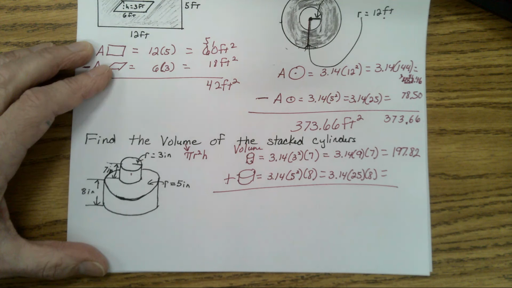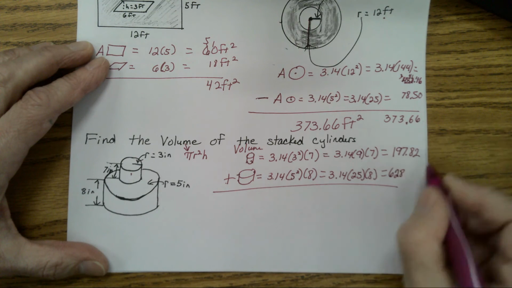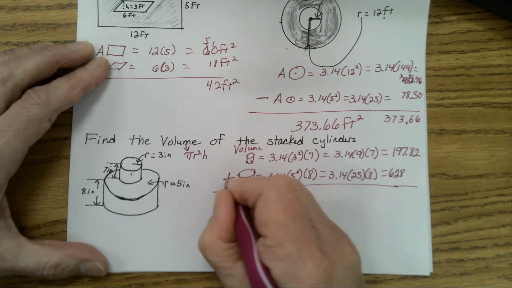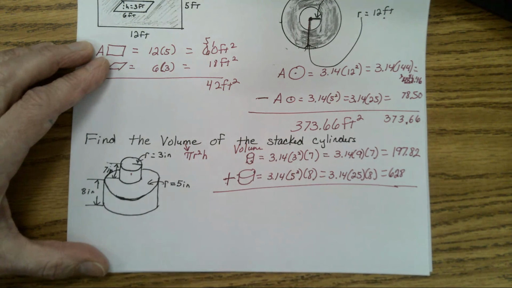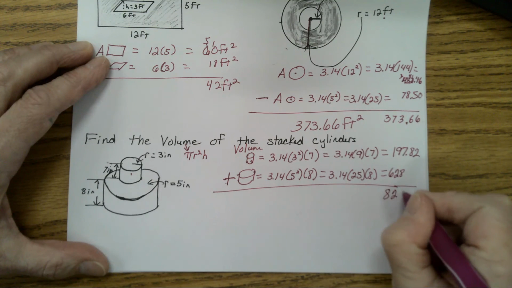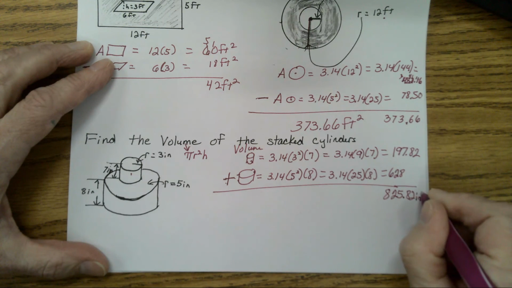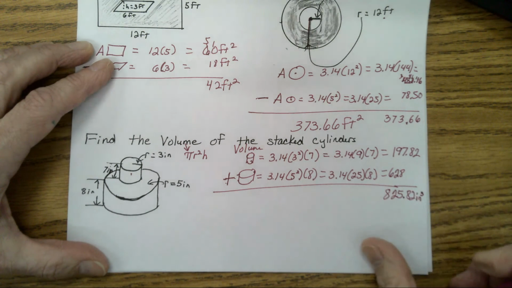Did you get 628 even on that? Yes, ma'am. Then you add these two answers together, 628 plus 197 and 82 hundredths. And did you get 825 and 82 hundredths? And that is inches cubed because we were finding volume.